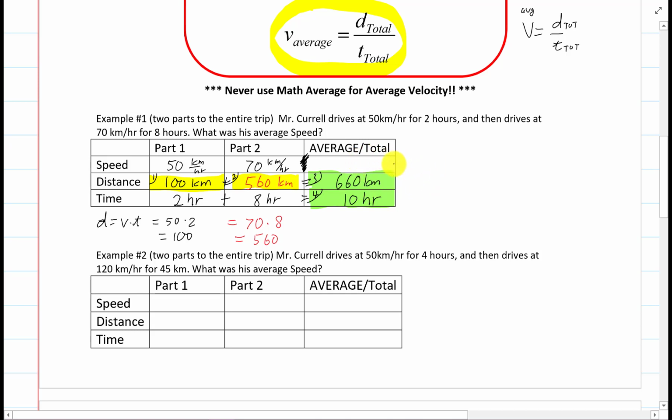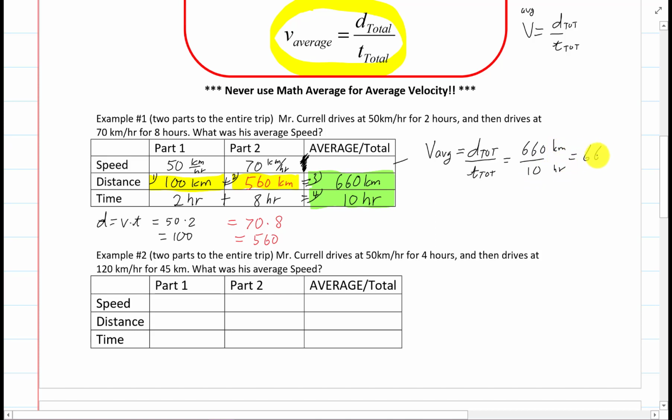So now I want the average velocity. So the V average is equal to D total over the time total. And that's going to be equal to 660 all over 10, and it is kilometers per hour.